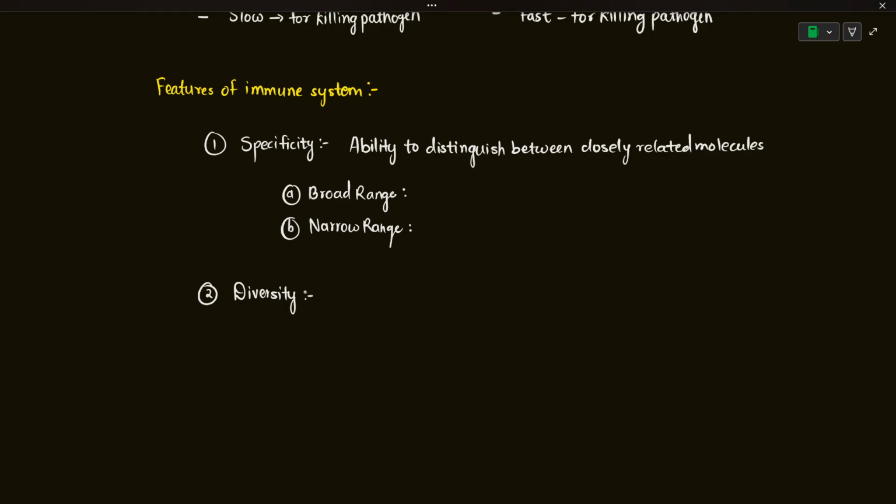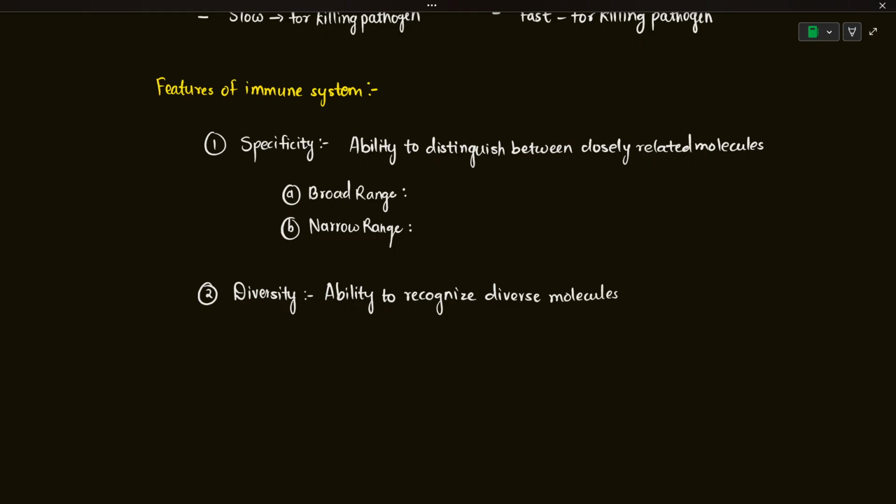So our immune system is able to recognize multiple different types of pathogens, and different types of molecules present on those pathogens, the different types of proteins and lipids. That ability is known as diversity. Diversity is the ability of the host immune system to recognize diverse molecules.